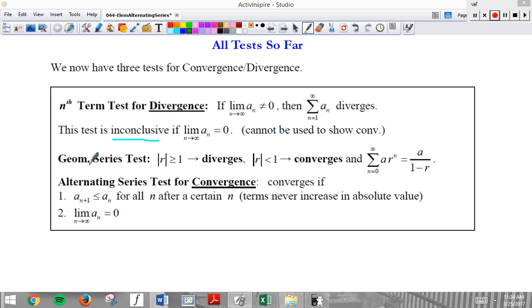The geometric series test is the only one that shows divergence if it's bigger than 1, and convergence if the absolute value of r is less than 1. And this is what they look like. Again, it's some number to the nth power. And then the one we just went over, okay. Check, check, check.